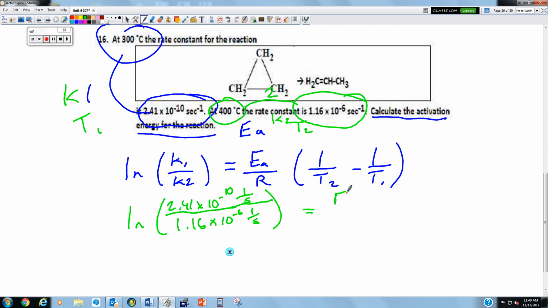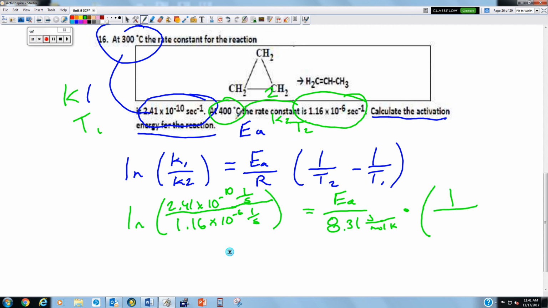equals EA, which is what we're solving for, over R, which is 8.31 joules per mole K, times 1 over T2.